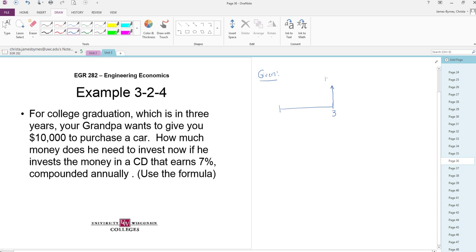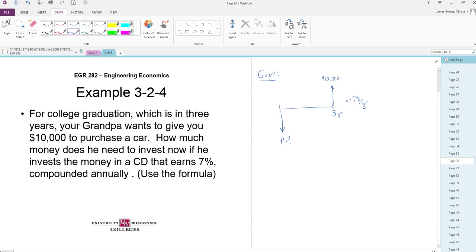Nice. Wish my grandpa gave me $10,000 for a car. How much money does he need to invest now? We've got to find out what Grandpa's got to throw in the bank now in a CD that earns 7% annually. So n is 3 years, i is 7% per year.